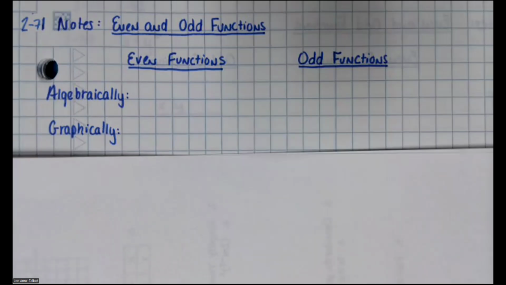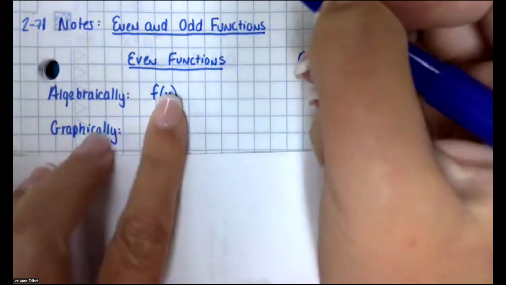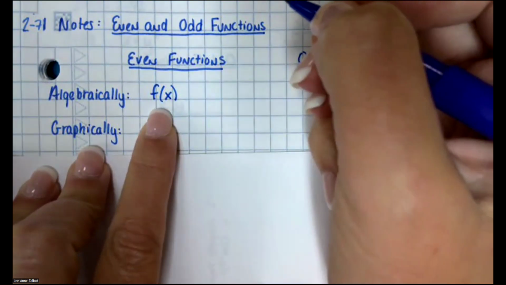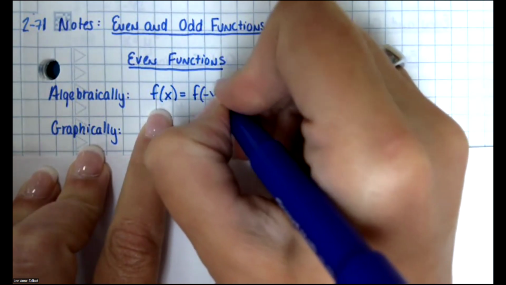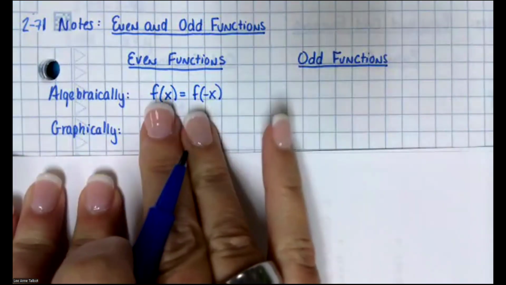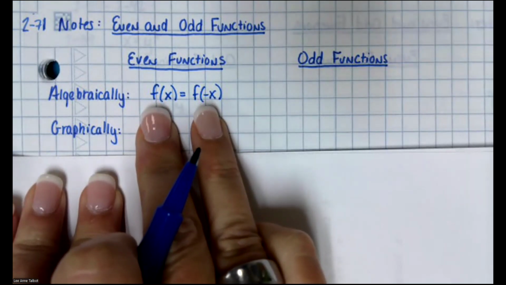Okay. All right. So even functions. So we're going to write down what the algebraic definition is of a function being even. But what I want to remind you is this is column 1 matching column 2 in our resource page that we did.